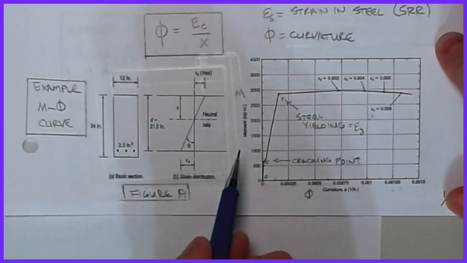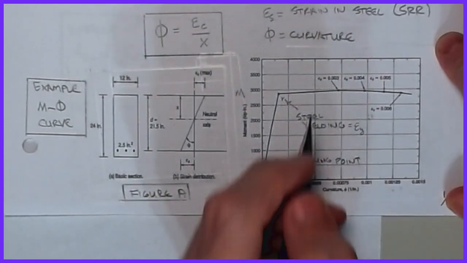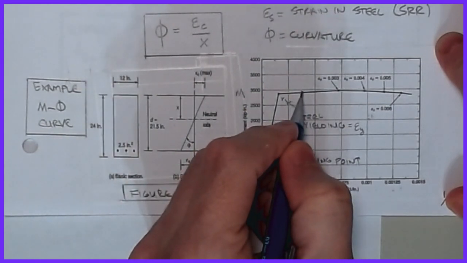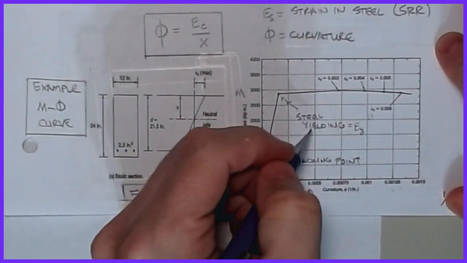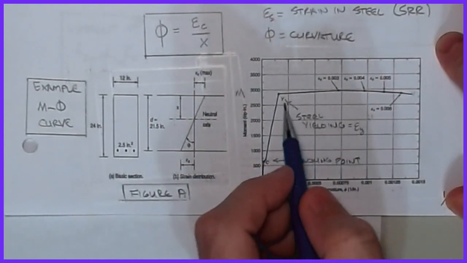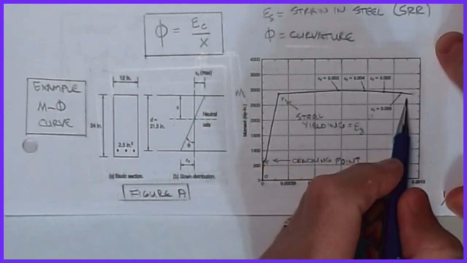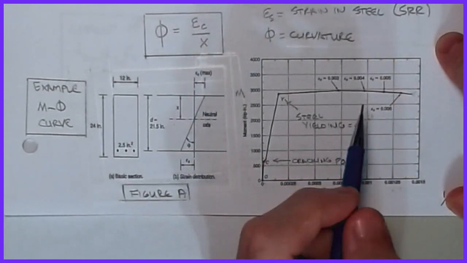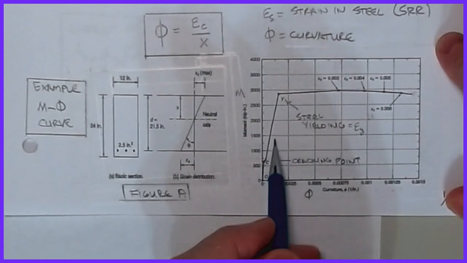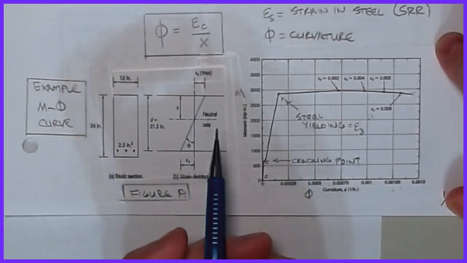Now, the usefulness of ductility: if I get a beam that only gets to here before it fails, it hasn't deformed a whole lot, versus one that gets way out here on the end of this curve, this becomes a measure of what we call ductility. Ductility is good for ensuring that once a beam reaches a limit, it doesn't just die on me.